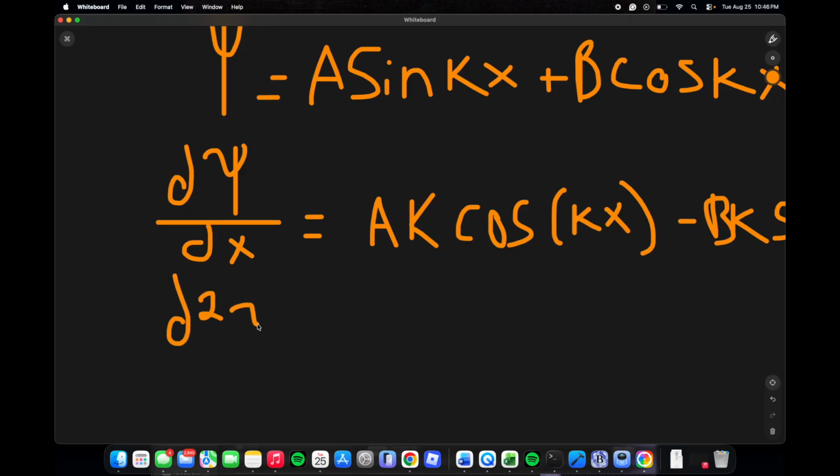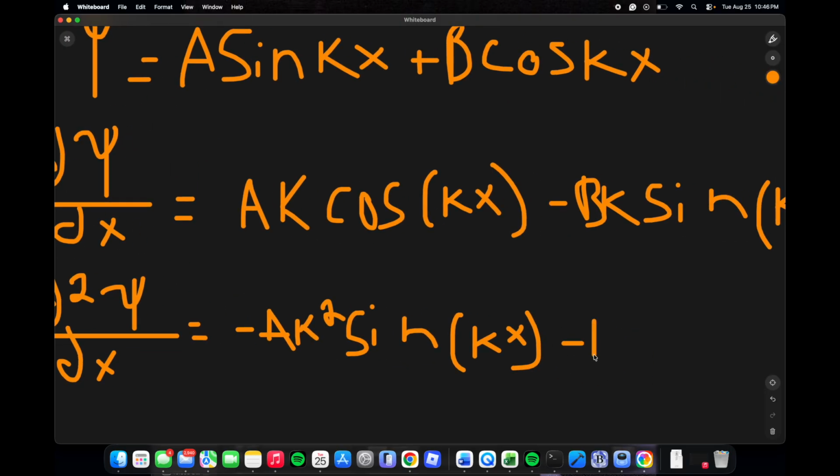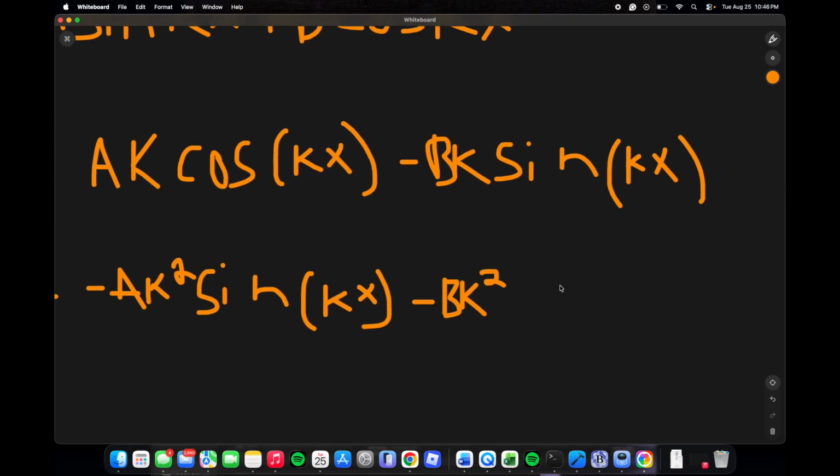The second derivative of the wave function with respect to x is negative ak squared sine of kx minus bk squared, not Burger King, squared. It's going to be bk squared cosine of kx, okay?